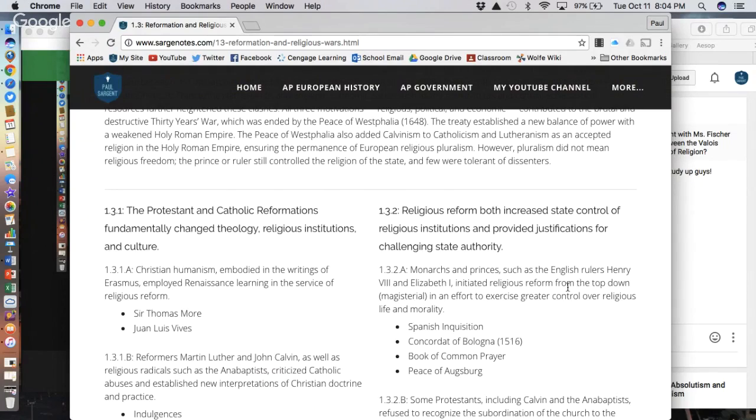They initiated religious reform from the top down in an effort to exercise greater control over religious life and morality. Examples of monarchs and princes doing this are the Spanish Inquisition, the Concordat of Bologna, the Book of Common Prayer, and the Peace of Augsburg. And that means that you could use any one of these in order to illustrate that point.